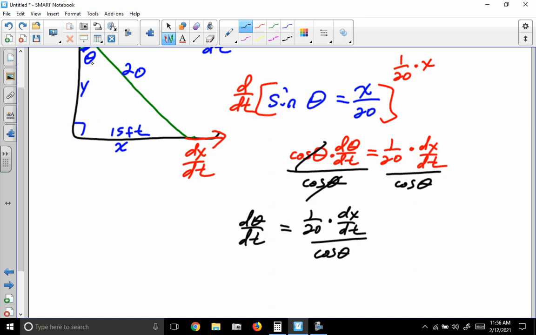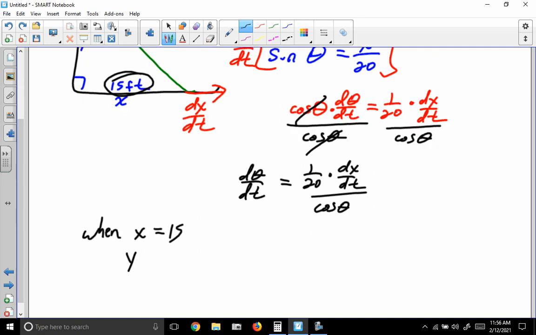Now we don't know what theta is at this moment. We could find it, but we don't necessarily have to know what theta is, because we know that cosine is adjacent over hypotenuse. So at the moment we're looking for, when x is 15, we know that y is the square root of 175.